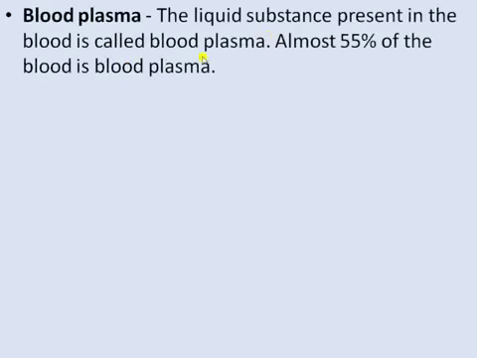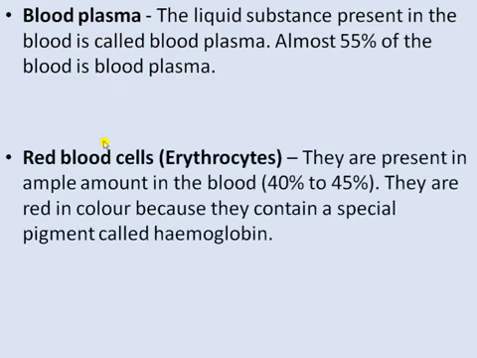So first one is the blood plasma. The liquid substance that is present in the blood is called blood plasma. Almost 55% of the blood is blood plasma. And it is a light yellow fluid part of the blood in which the blood cells are present. Next are the red blood cells, RBC, erythrocytes.